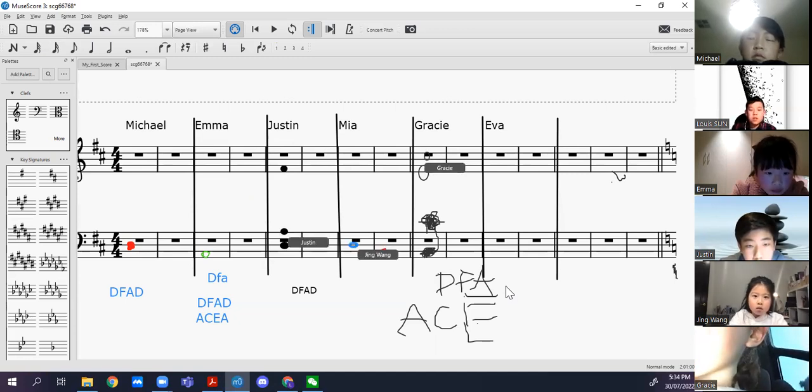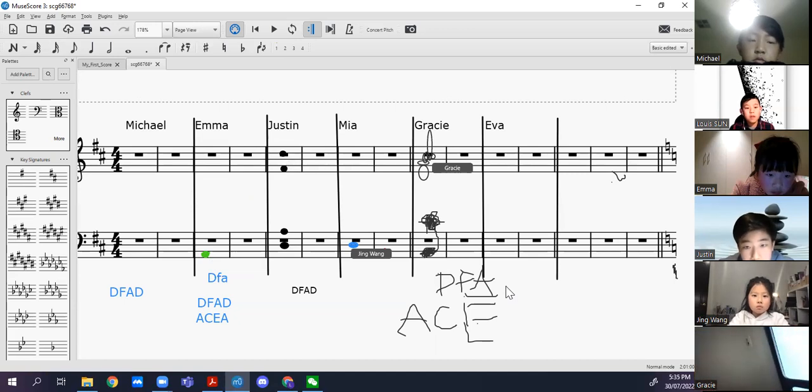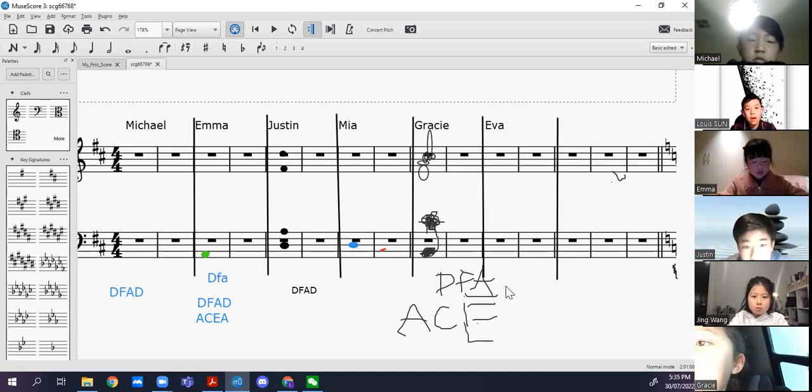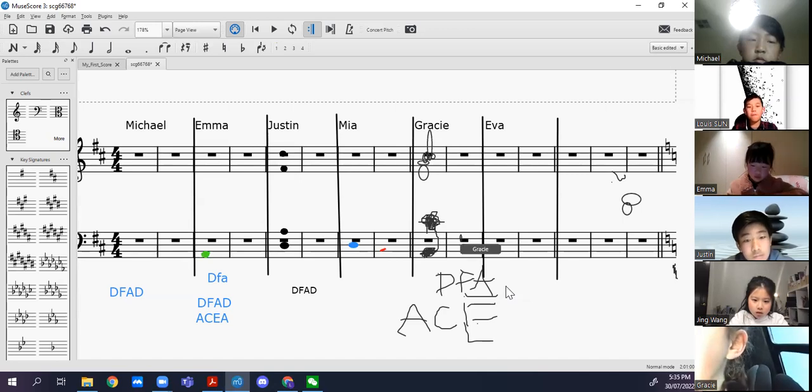So what are the notes of? F. Not quite. A. Yeah, it starts on A. So if you know your scales really well, think of the fifth scale degree of D major.